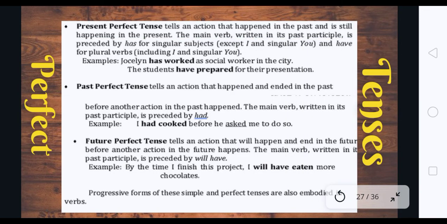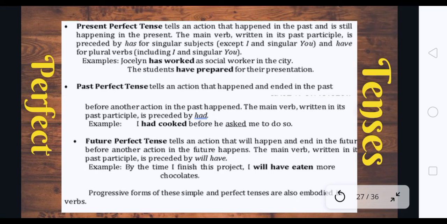We also have the perfect tenses. Let us start with present perfect tense. It tells an action that happened in the past and is still happening in the present.